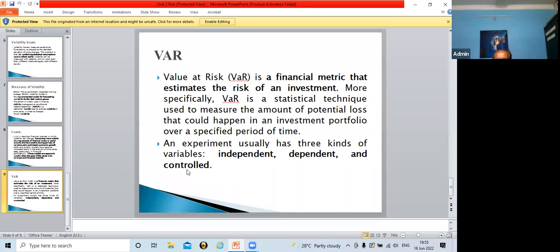Now independent. Let me give a statement. Suppose you say: if I do not attend regular lectures, my result may come down.